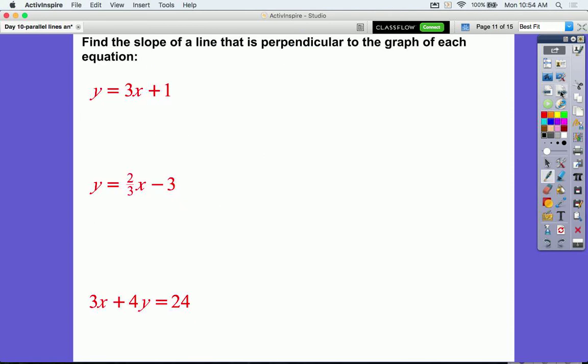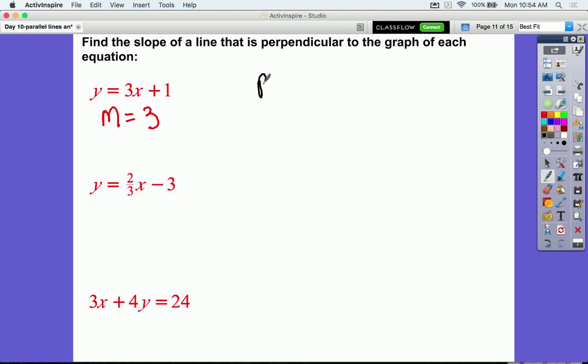All right, next. We're just going to right now see if we can find the slope of a line perpendicular to each of these equations. Okay, so I know that the slope of this current line here, y equals 3x plus 1, is 3.